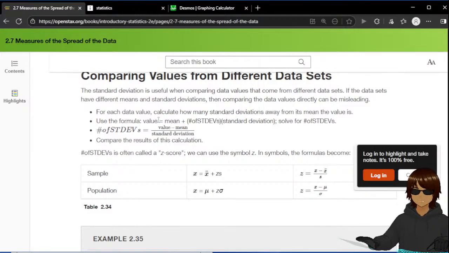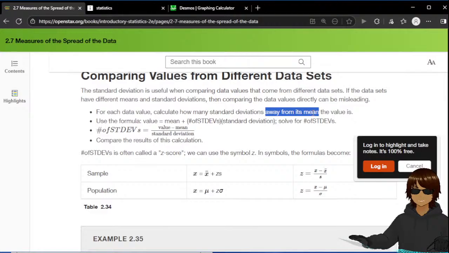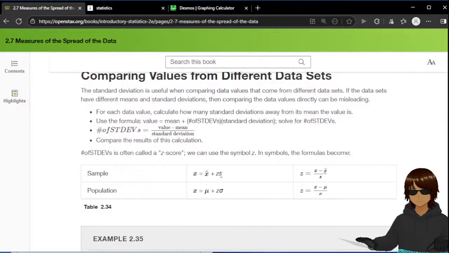So what are we calculating? How many standard deviations away from its mean the value is. The number of standard deviations is often called a z-score.